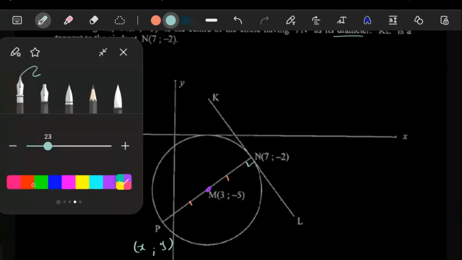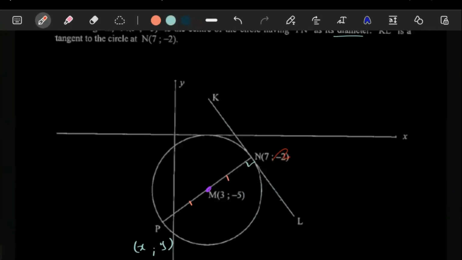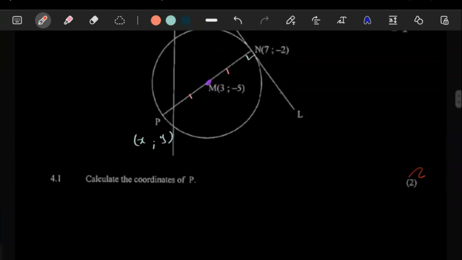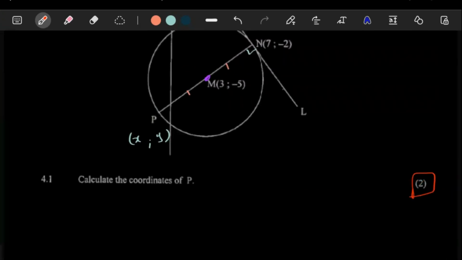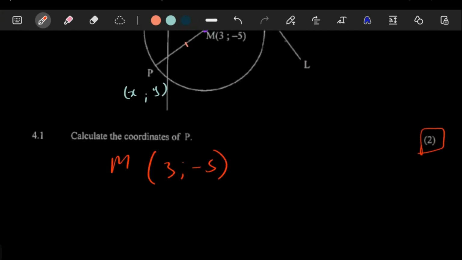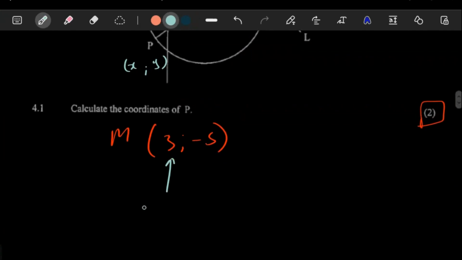That's a straightforward question. And then here they gave us the coordinate of N. And then they said we need to calculate the coordinates of P. Oh, that's question number 1. Very predictable. So what we know is, remember, M is the center, 3 and -5. This here is the X value of the middle.